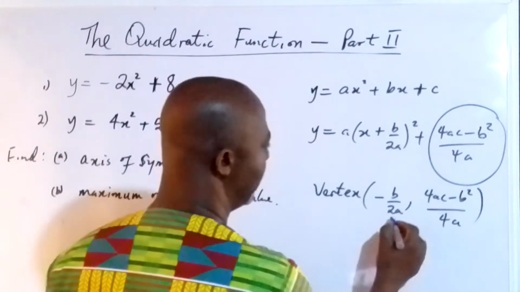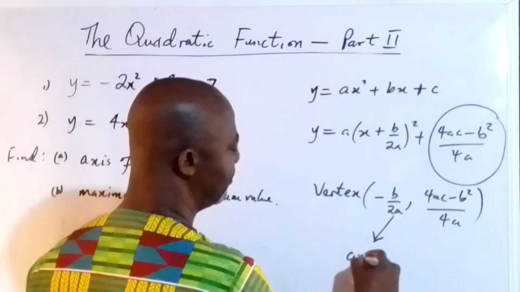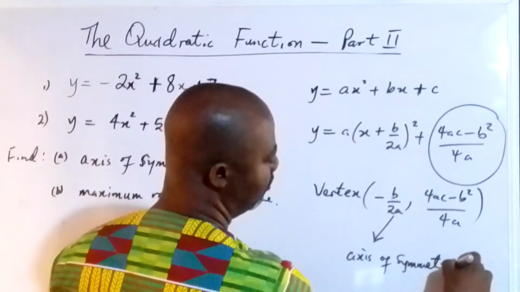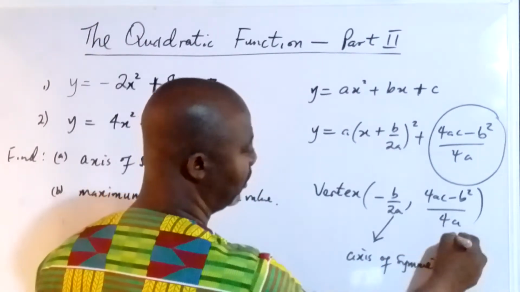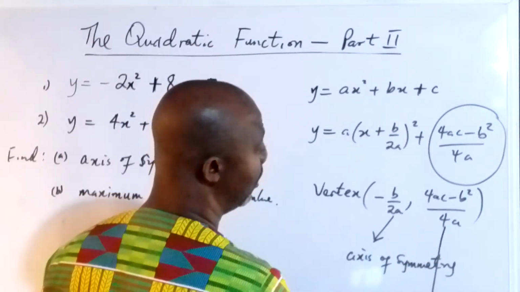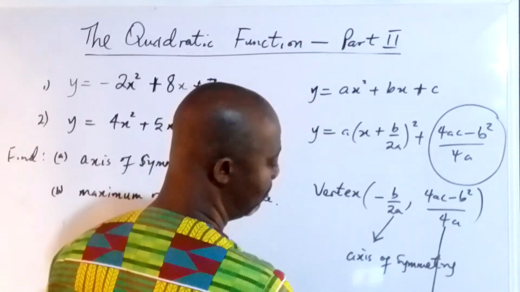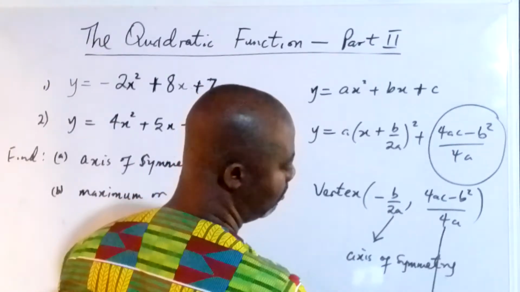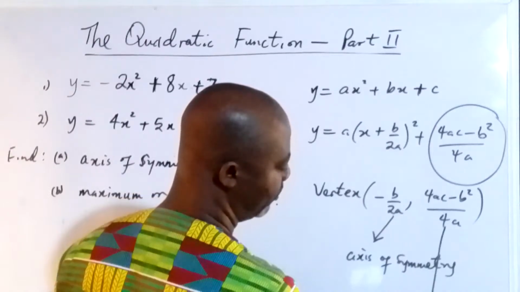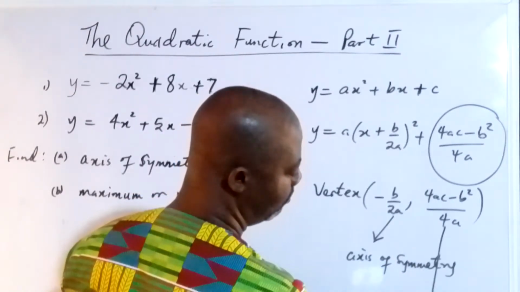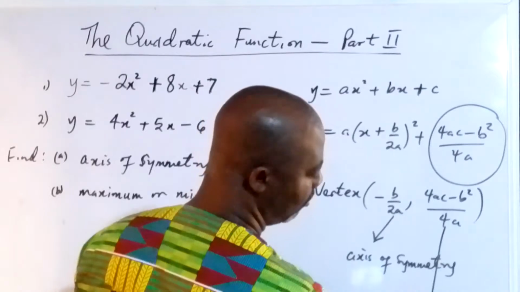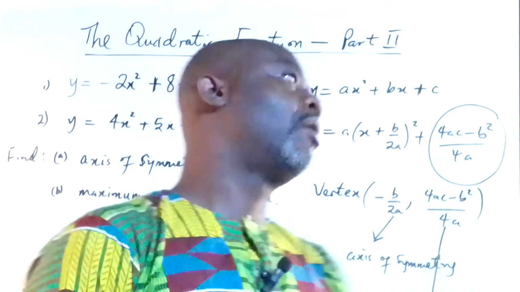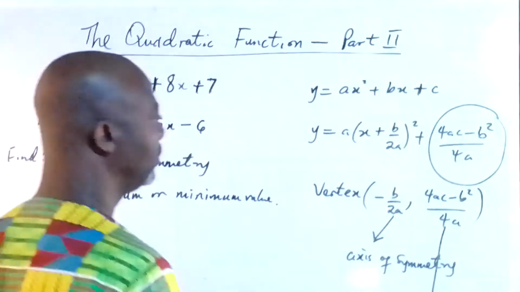This will be the vertex, where here being the axis of symmetry, and then the other one, this one being the minimum value, or it could also represent the maximum value, depending on whether a is less than or greater than 0.